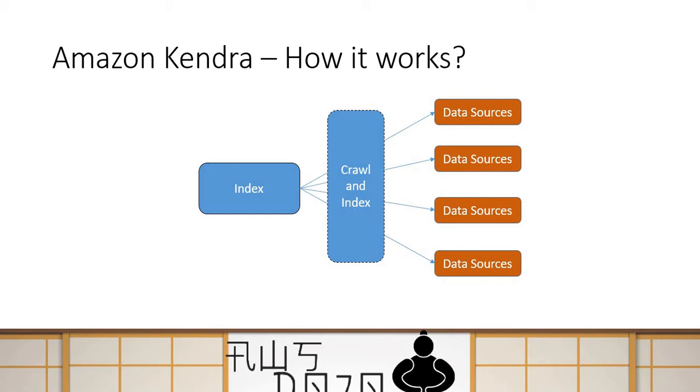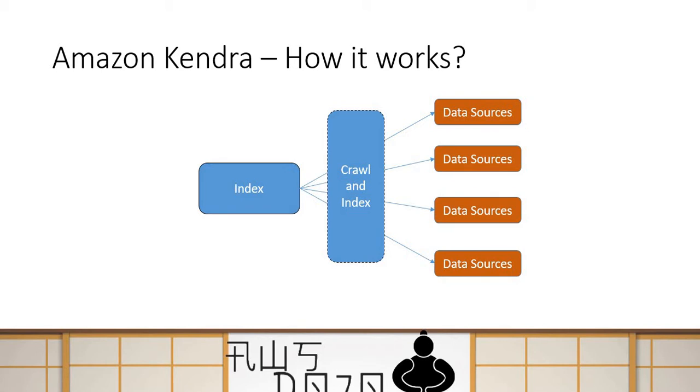So really you can go into the different data sources you have, you scan them, you index them, so that when the query comes for the data through the index, Kendra knows where the possible locations of such information are in the widespread data sources.